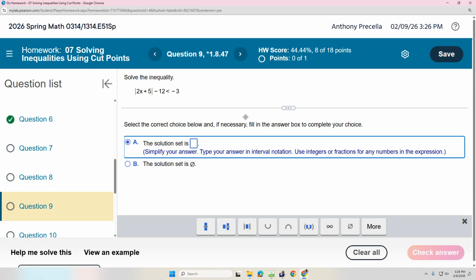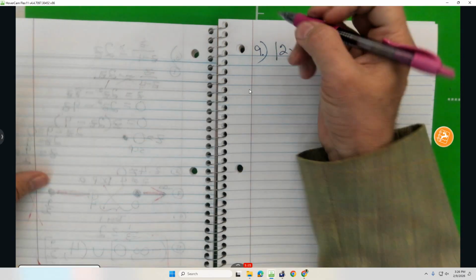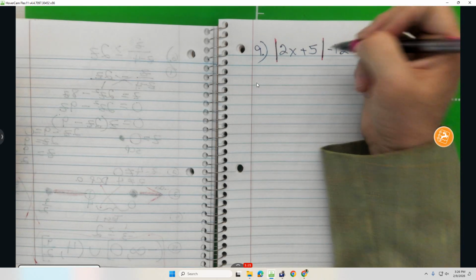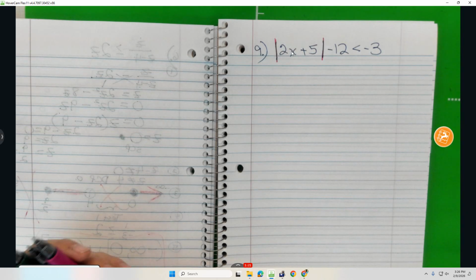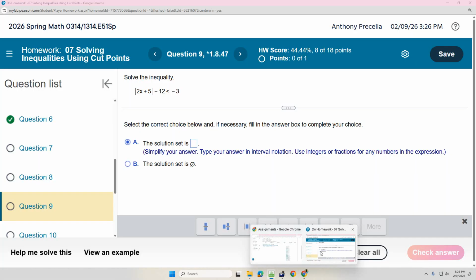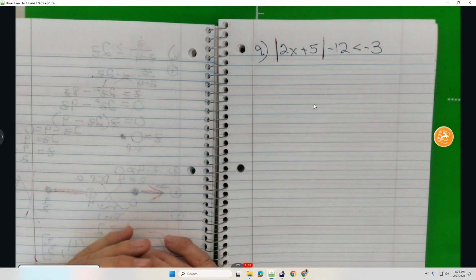Yours looks like 12x plus 51, but it is maybe okay there. Well, now it looks even worse. Let me make sure you didn't miscopy. 2x plus 5 minus 12. Okay, I was thinking it was less than 3, but no, less than negative.